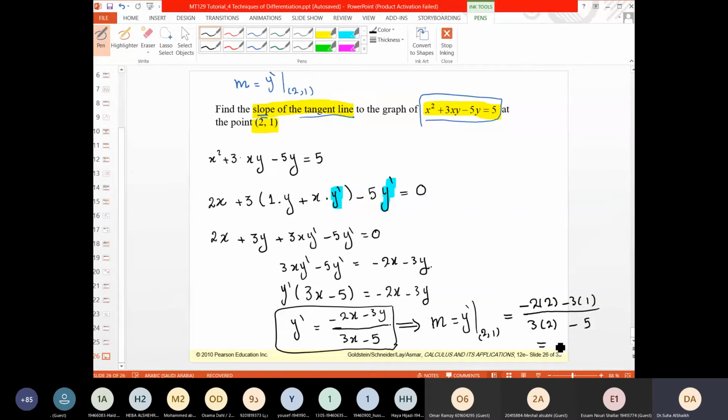What's the answer? Here it is minus 4, minus 3, over 6 minus 5. That's correct. This will be minus 7 over 1, which is minus 7. And this will be the M, which is the slope of the tangent line I was looking for.